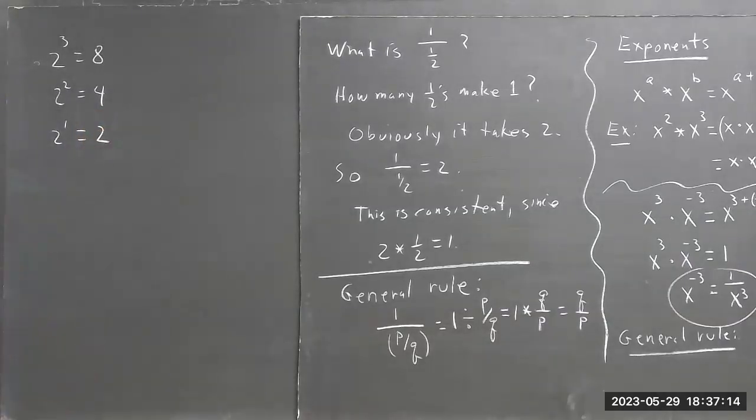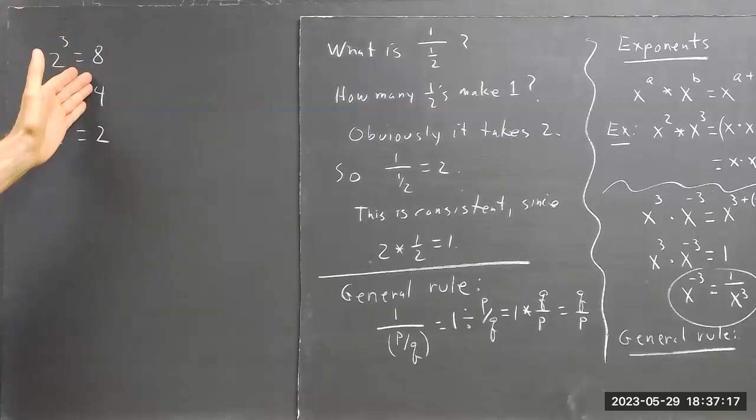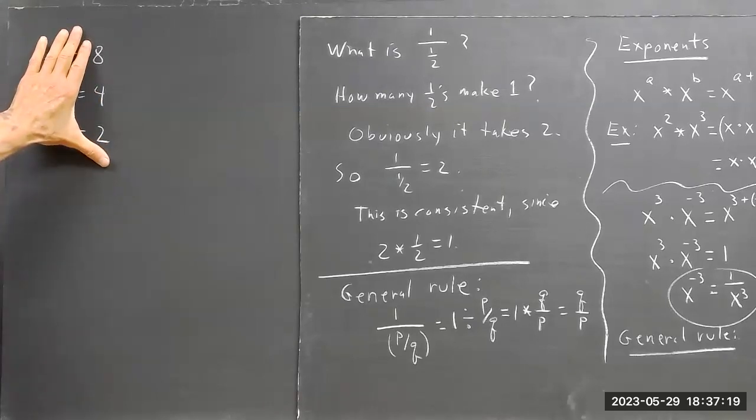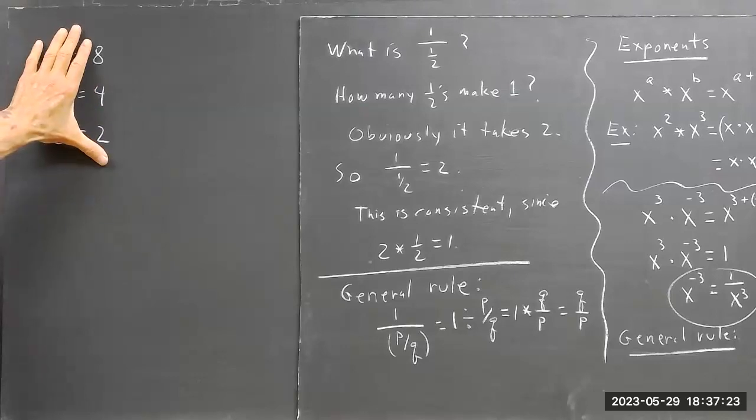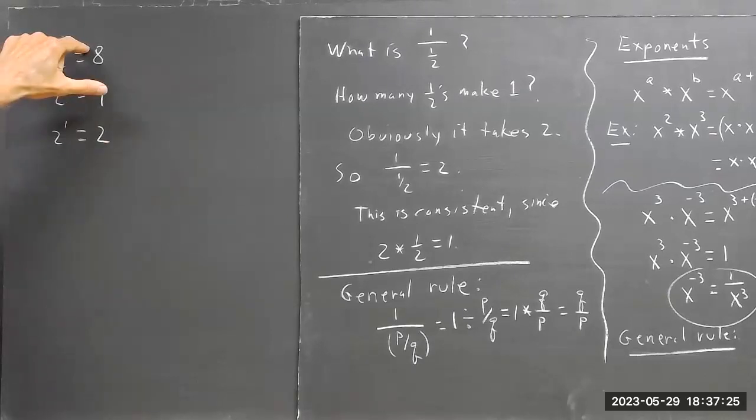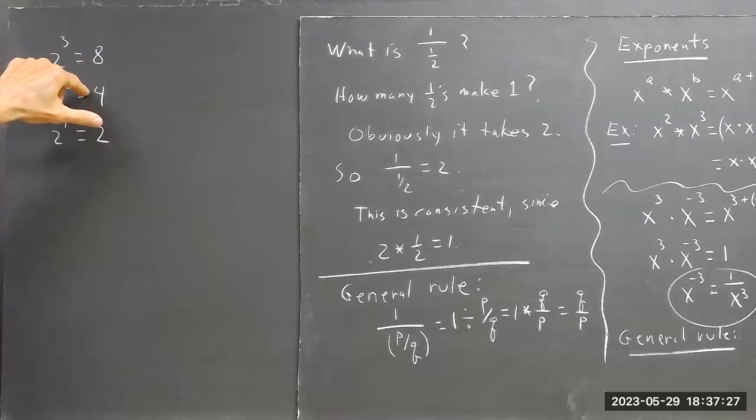Let's just look at the pattern here. What's the pattern? 8, 4, 2, without even thinking about the fact that this is 2 to the third, 2 to the second, 2 to the first. This is half of this, and this is half of this, right?